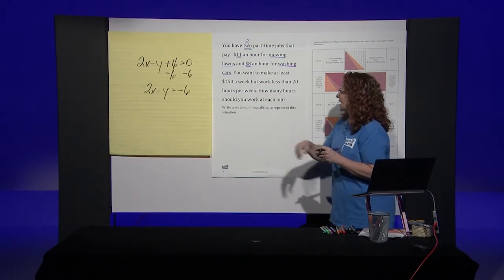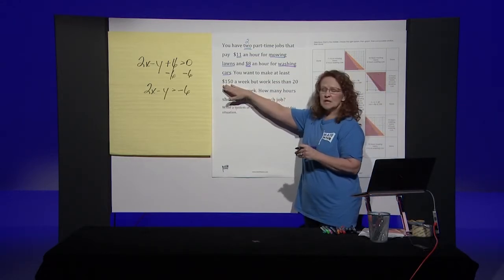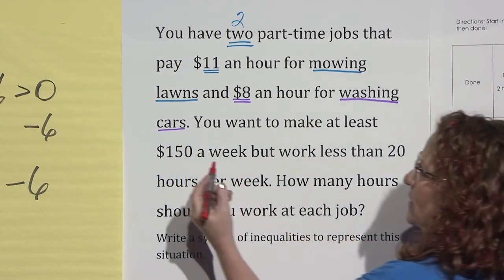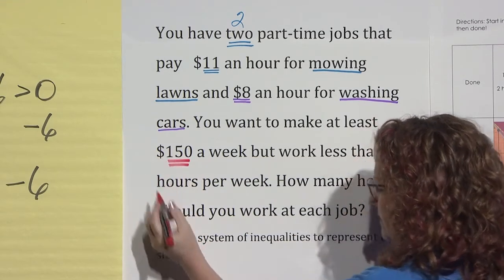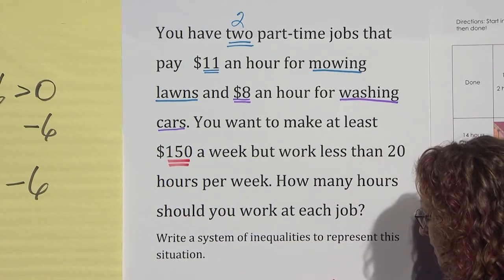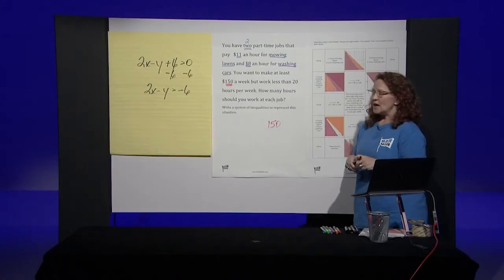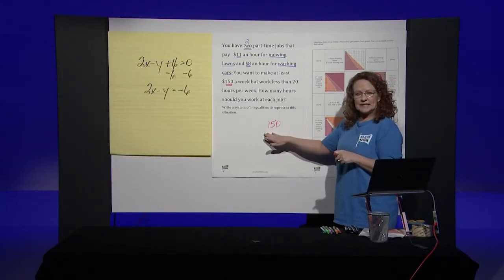So let's take this money and we're going to use that at the end of our inequality and start building our equation. So I have my money, $150. Now we need to look at least.